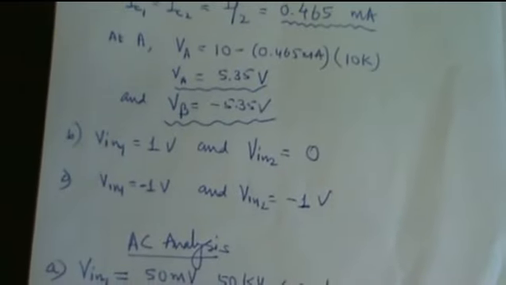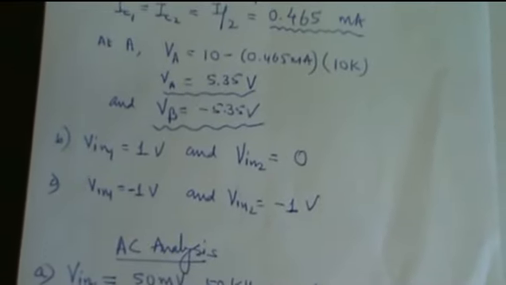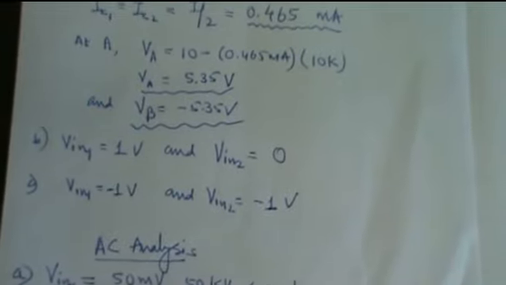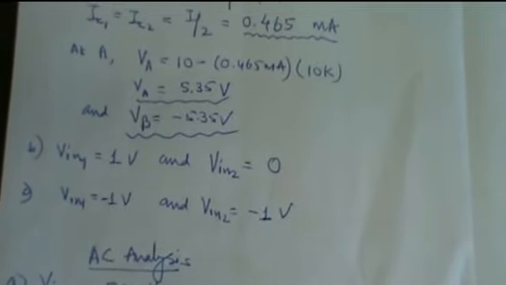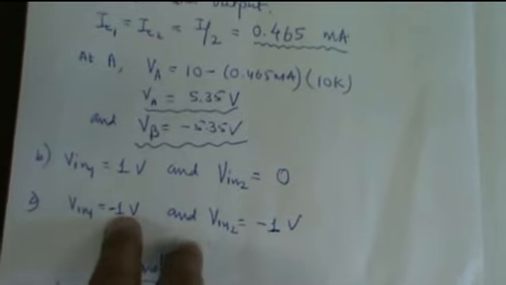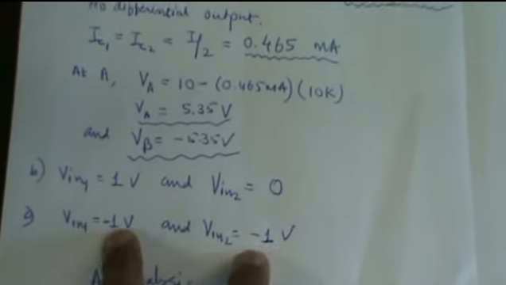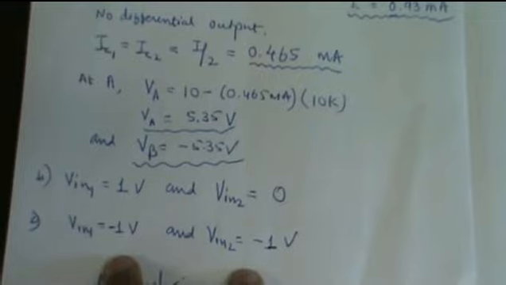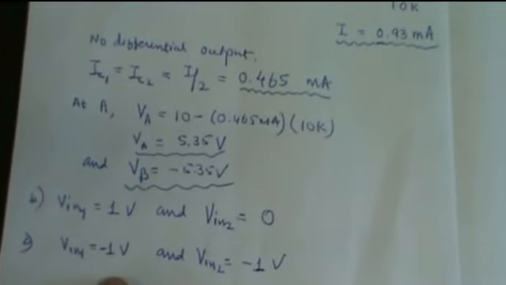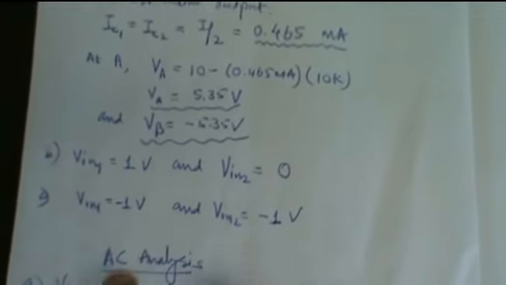In case 3, connect VIN1 equal to minus 1 volt and VIN2 also minus 1 volt, so both inputs are common but connected with minus 1 volt. So in the 3 different cases of input, find out all currents and node voltages.